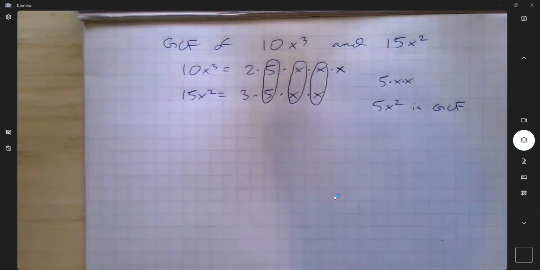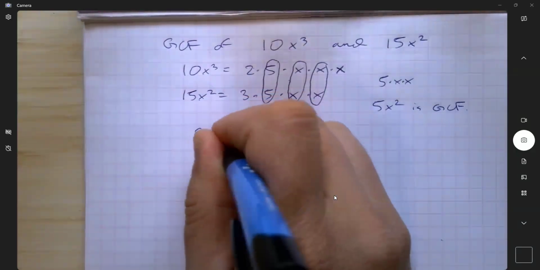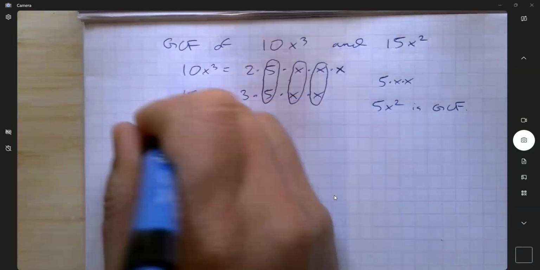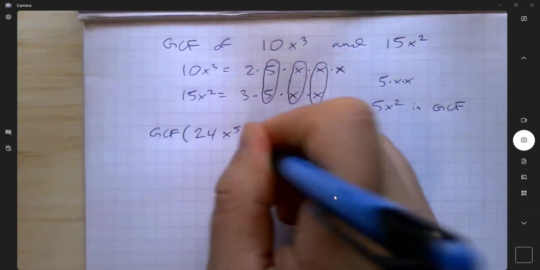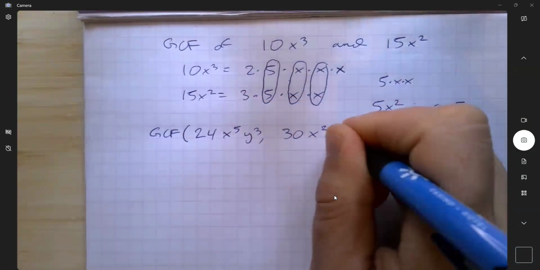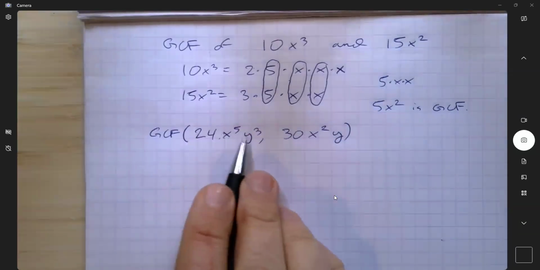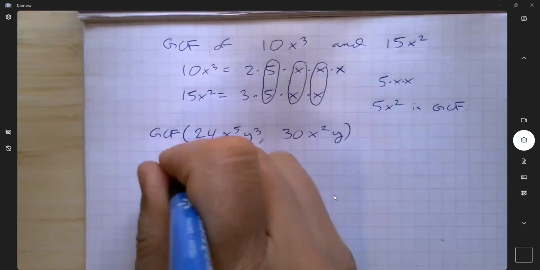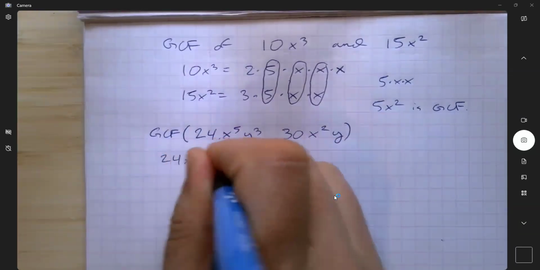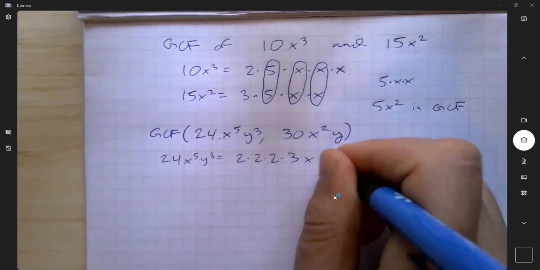Let's do one more example. Let's look at 24x to the 5th y cubed, and how about 30x squared y? So the first thing I'm going to do is write the prime factorizations, treating my letters as primes. 24x to the 5th y cubed was 2 times 2 times 2 times 3, and then 5 x's.